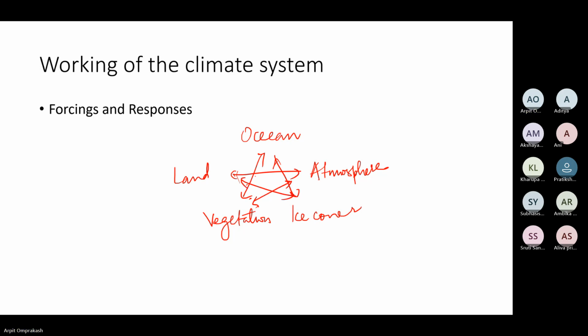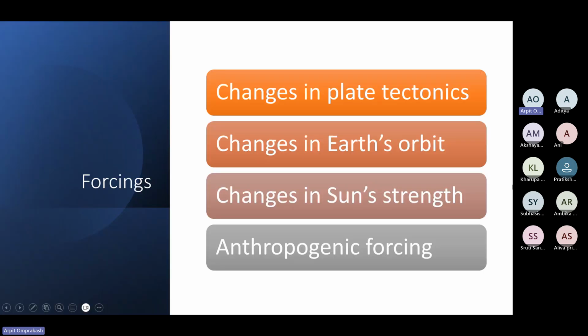Right. So forcings are basically things that act on this whole climate system to produce a response. We'll look into forcings and response in a bit.